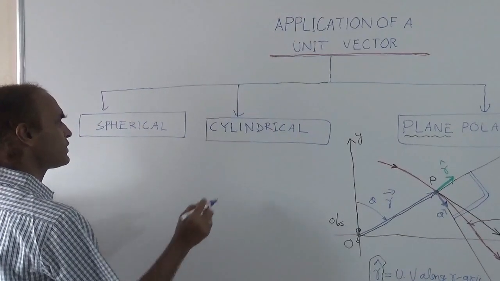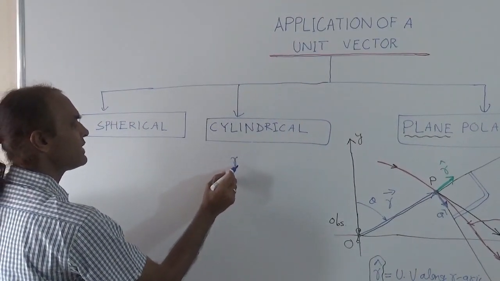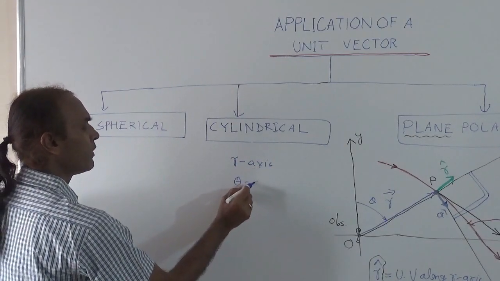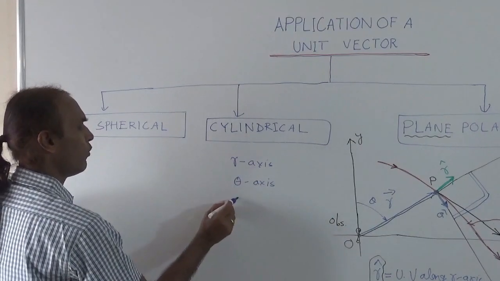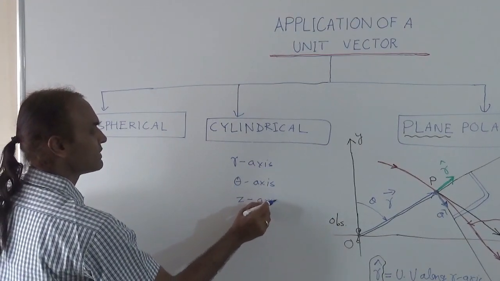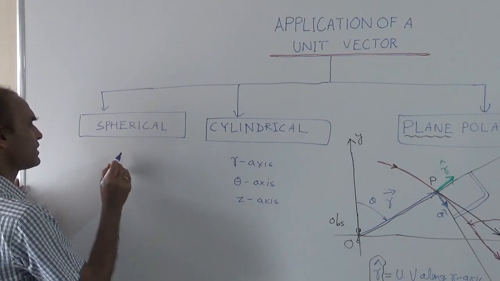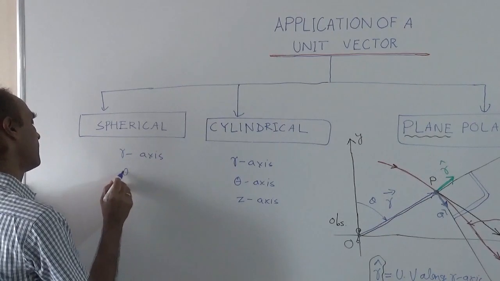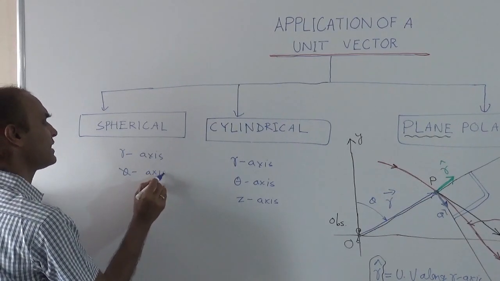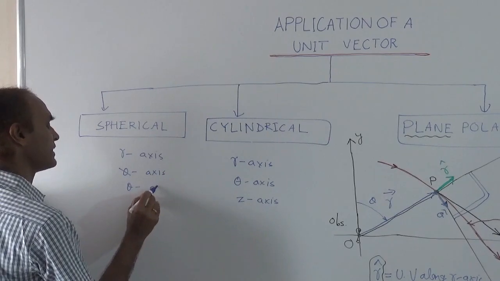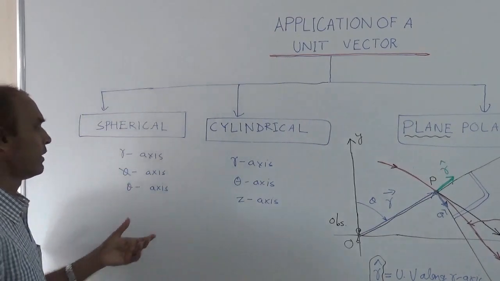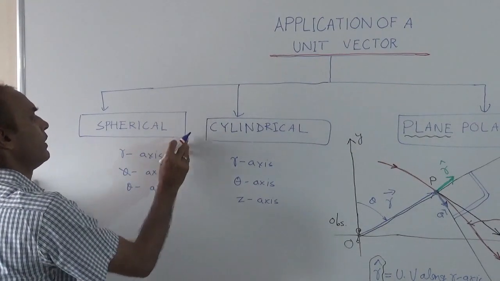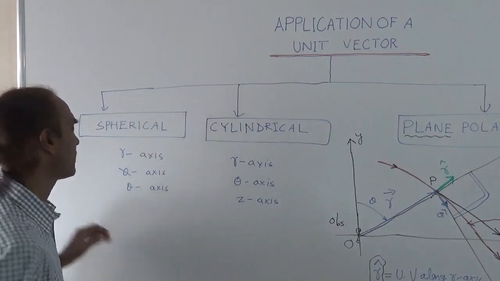In the cylindrical coordinate system, we have the r-axis, the theta axis, and the z-axis. In the spherical coordinate system, we have the r-axis, phi axis, and theta axis. I will talk about these two coordinate systems in detail in the chapter of kinematics.